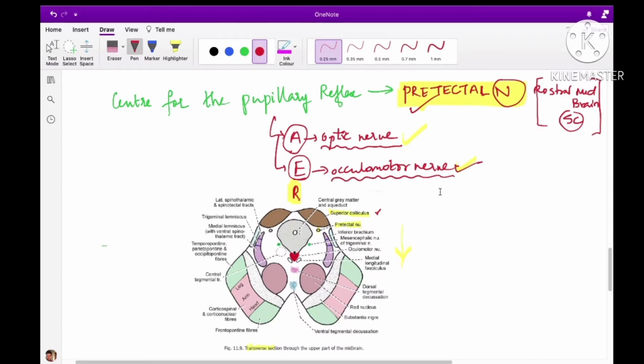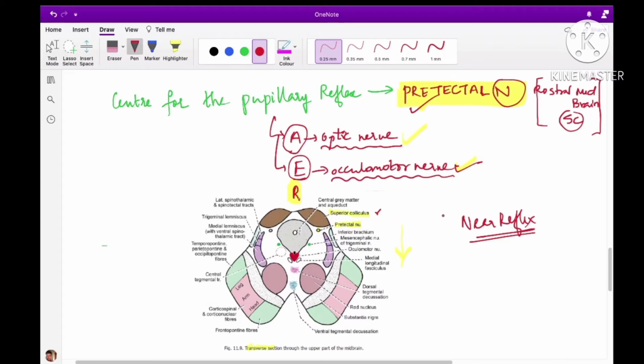So just a query here. What about the near reflex? Actually, the center for the near reflex is not yet characterized. It is said that the neurons pass much more ventral to the pretectal nucleus.